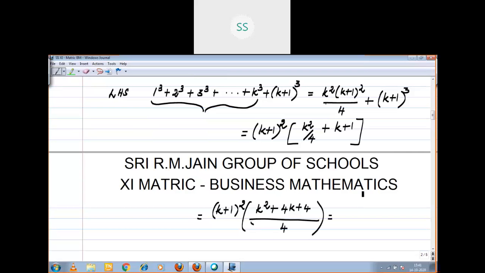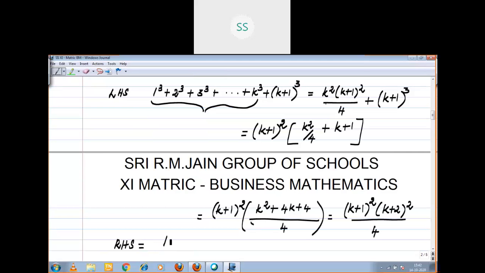The numerator can be replaced by the identity, that is k plus 2 the whole square: k plus 1 the whole square into k plus 2 the whole square divided by 4. This is your LHS.